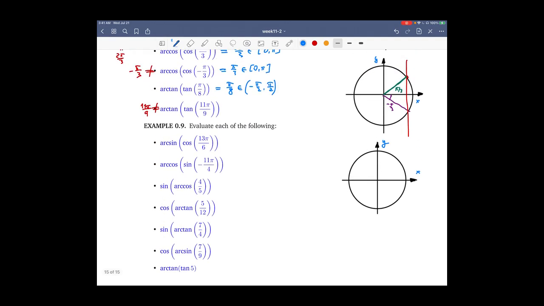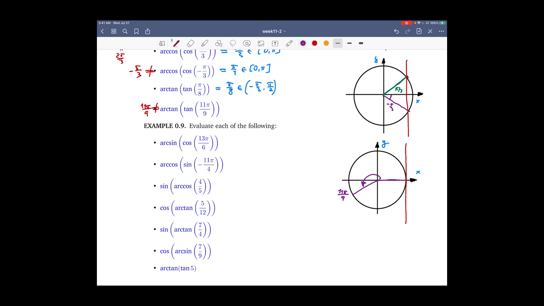And where is 11 pi over 9? 11 pi over 9 is slightly above pi, so it's in the third quadrant. Remember, tangents are along this axis.